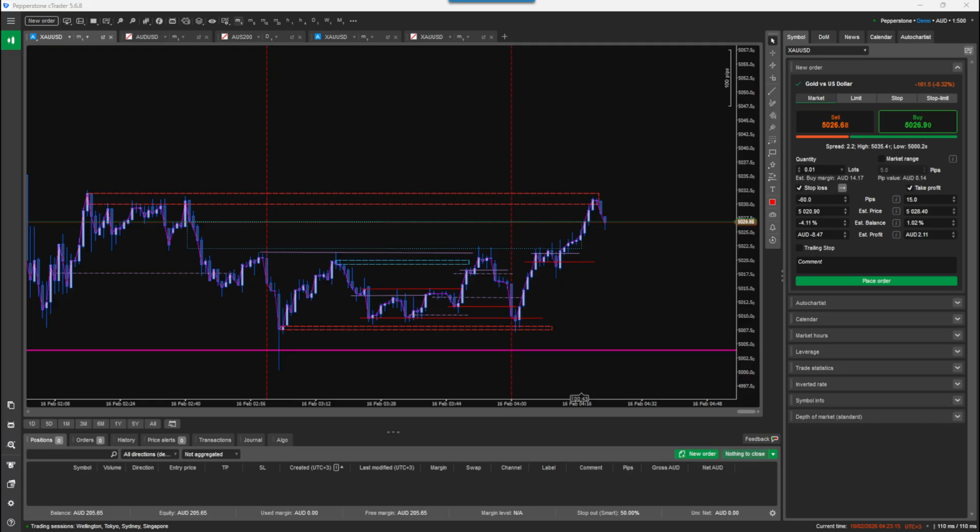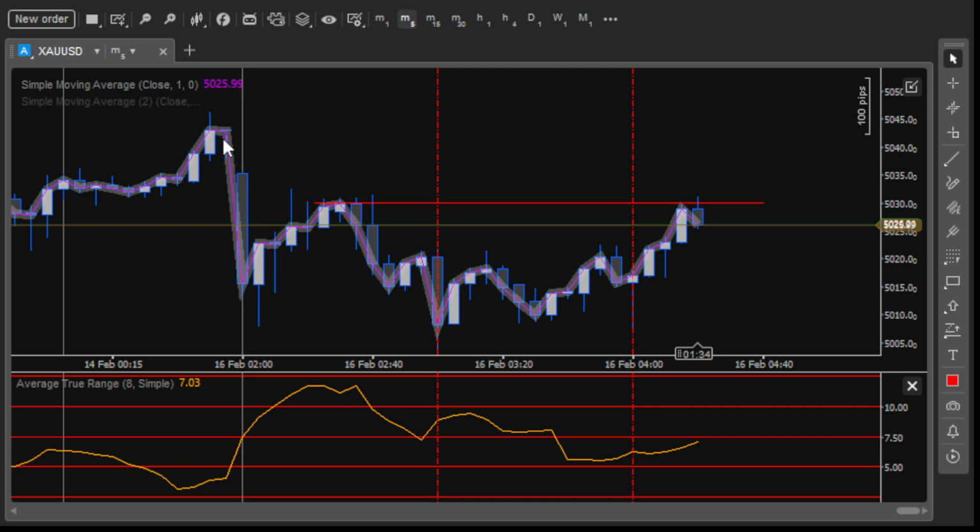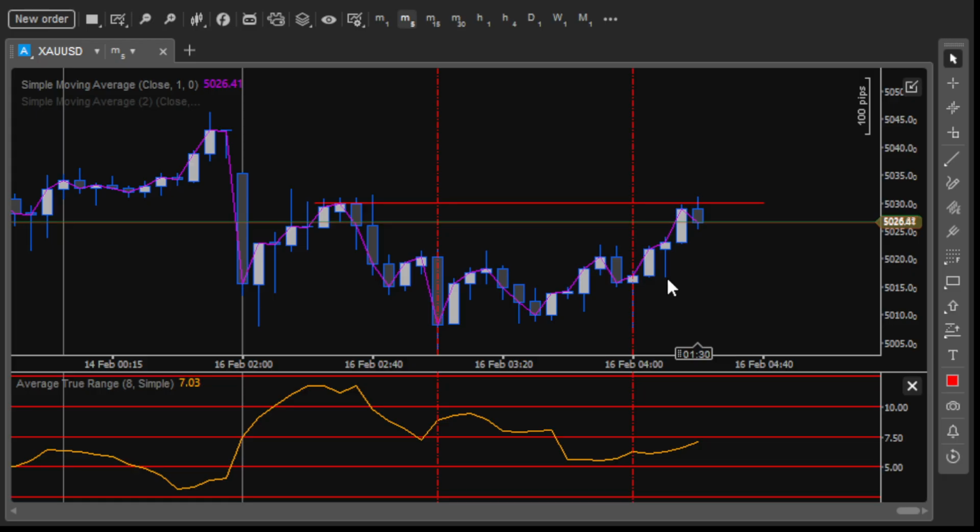So, just checking the 5 minute, we've come up to breaking this inside lower high in here, which would reverse it solidly. It's broken these in here.